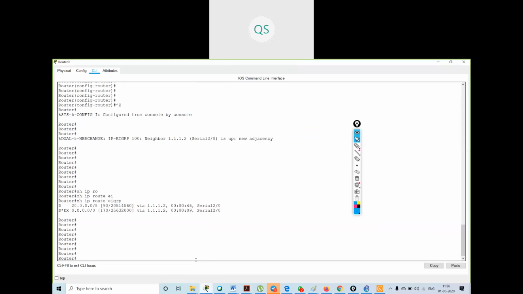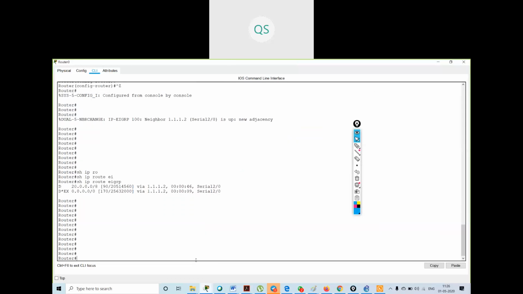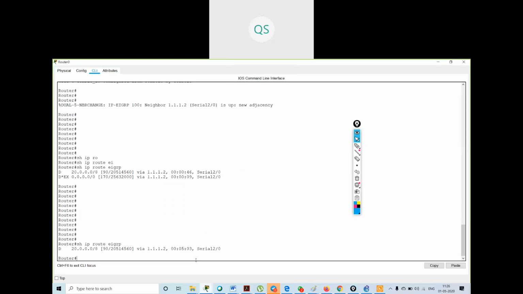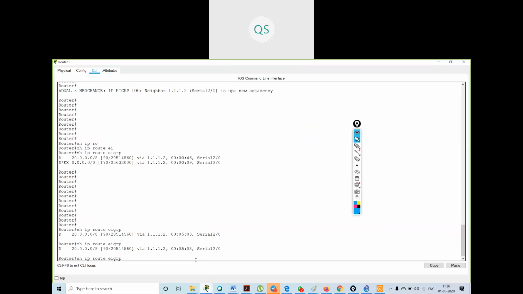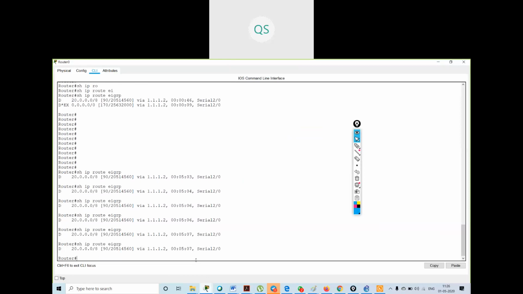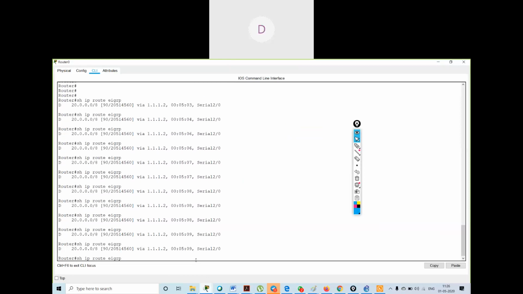Now once I go on this router, I should get the route. I'm thinking maybe you still need to do something on the EIGRP router and the head office.